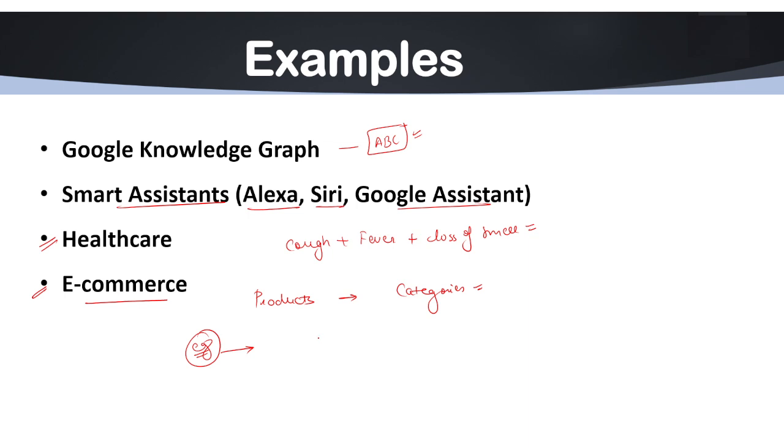If you are searching for, let's say, a party wear dress on Amazon or any other platform, then it will also give you results in your social media accounts. It will also share some recommendations on social media accounts. All these are done with the help of semantic web. Other than semantic web, under the evolution of www, we have emotional web, we have intelligent web, right? So many things we have that we'll discuss in the next session.